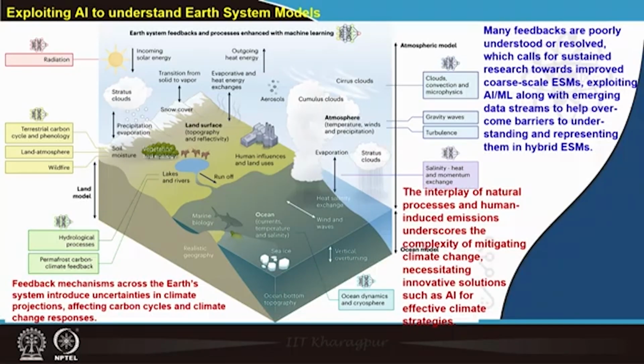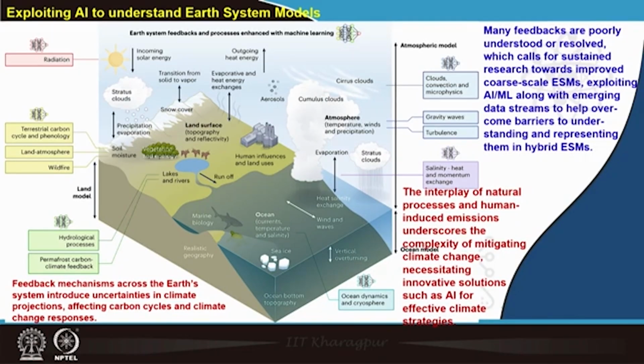The atmospheric models are also in terms of cloud, convection and microphysics. In terms of the atmosphere, also the gravity waves and the turbulence, and the ocean or sea in terms of salinity, heat and momentum exchange.